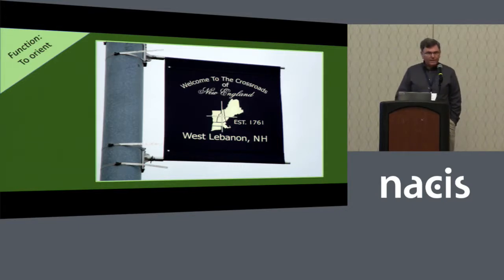To orient, here you're orienting West Lebanon, New Hampshire, in its regional setting, and superimposing there an almost directional grid-like symbol to make sure that you got it. You know you've hit the bullseye when you have hit West Lebanon, New Hampshire. Established in 1761, by the way, which is another very common item to find on a welcome sign.